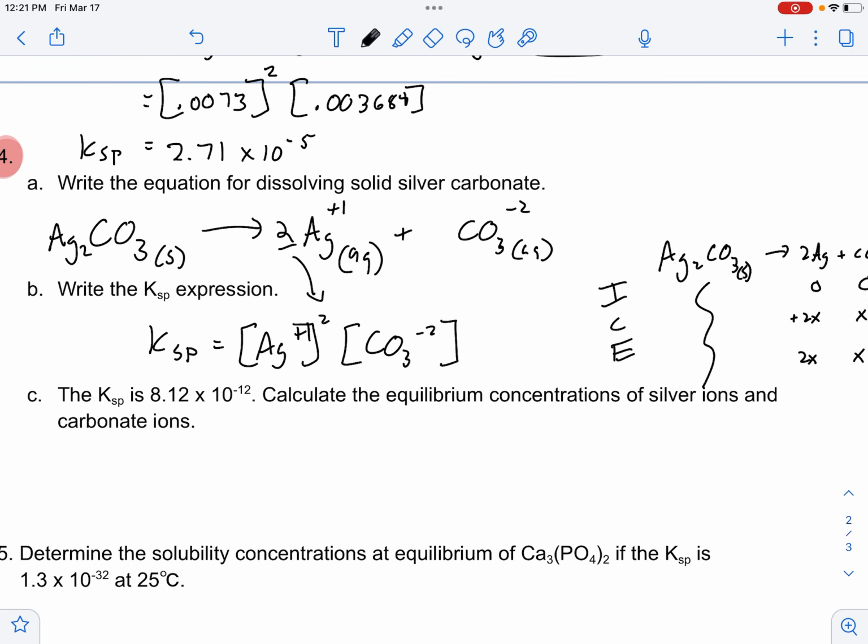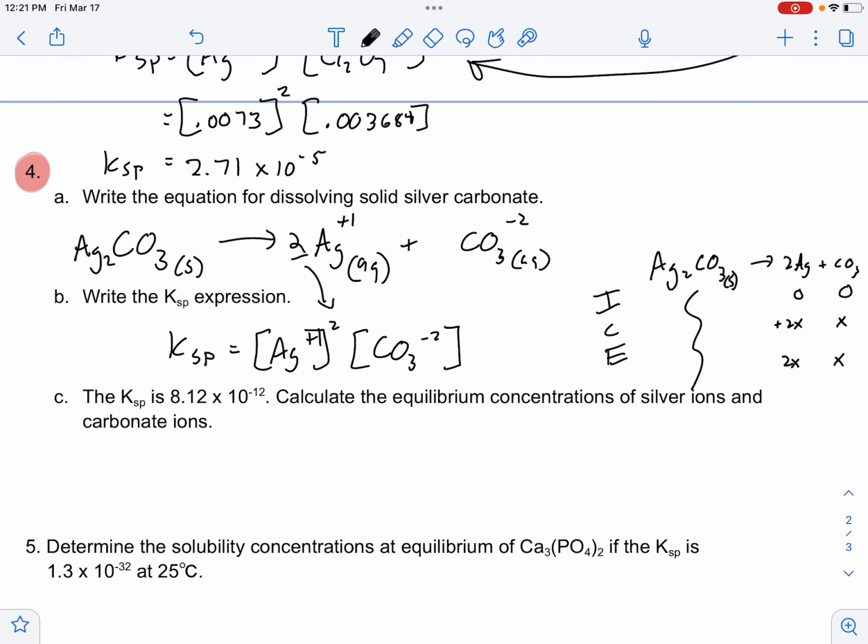All right, now if we look at what we're solving for, like mentioned in number 3, you're either solving for Ksp or you're solving for a molar concentration of your product. Here they give us Ksp, right? Ksp is provided, and they want us to calculate the molar equilibrium concentrations of your silver ions and your carbonate ions. So I'm going to take the equation that's listed here, move it down, and plug in what we have.